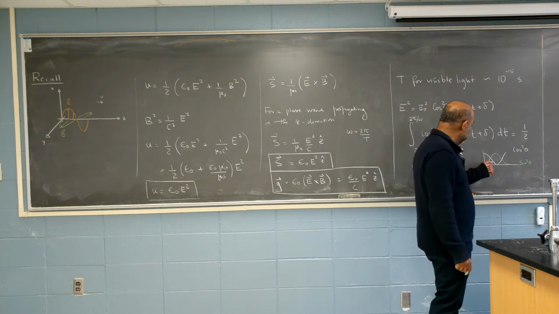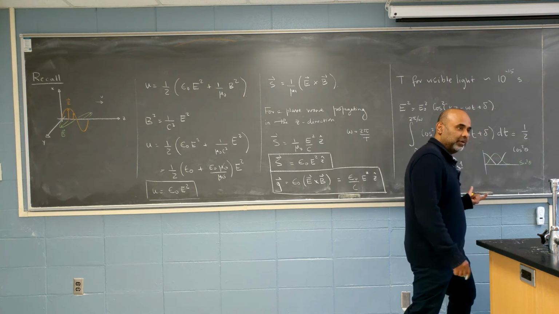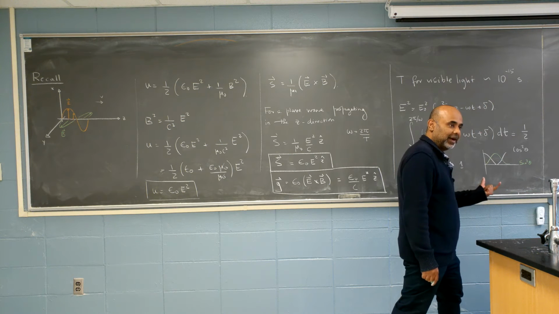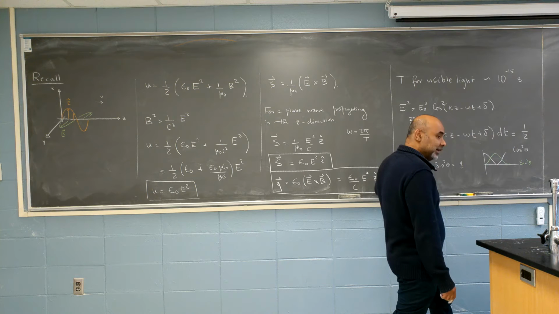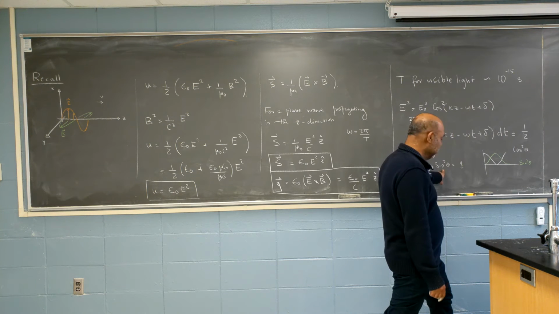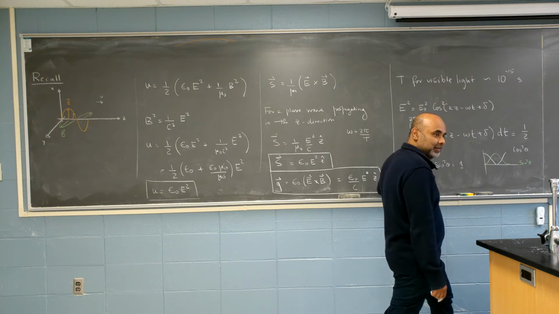Do you expect the average of cosine squared and the average of sine squared to be different? They're just shifted around slightly. Over an entire period, it's going to be the same. So the contribution to this and the contribution to this should give you 1. But these two guys are the same.